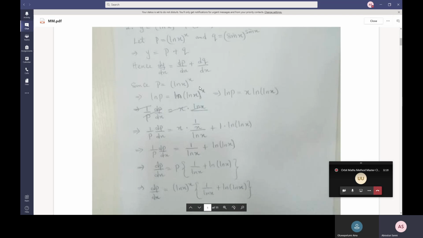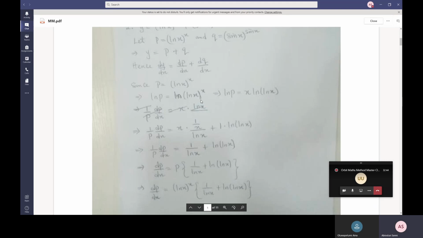Since you have ln of something raised to a power, the power goes to the front of that ln. Don't forget, it's not inside the first ln. So it's going to be x ln of ln x, because ln x is the argument here.